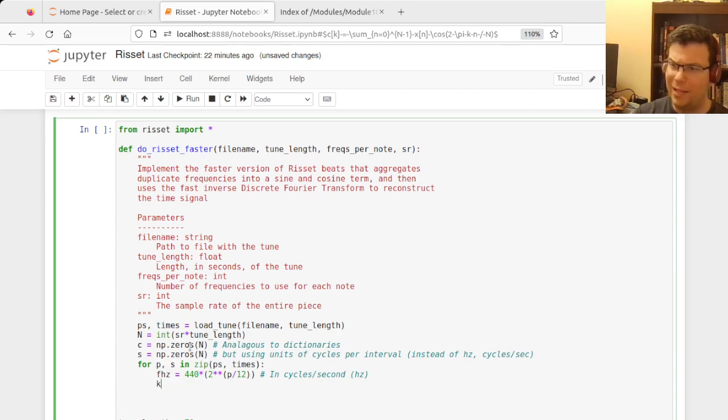Or maybe I'll call it K center to indicate, so K means index into these arrays. So that should be the frequency in hertz times the number of samples over the sample rate. And if you check out the units, that should give you cycles per interval. Okay. So n is the number of samples per interval. This is the number of samples per second. And so if you check the units, that'll give you what you're looking for.